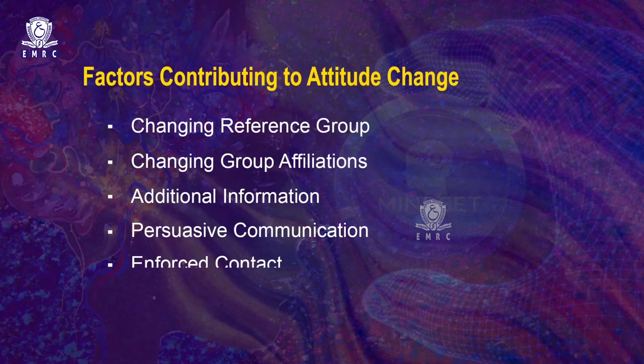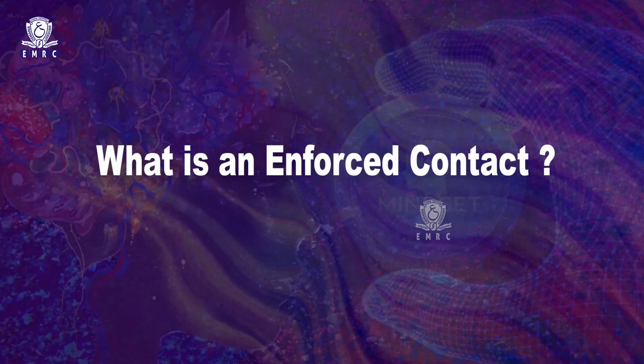The next point is the enforced contact. One important factor in attitude change now is this enforced contact. What is enforced contact? It means a social situation where two opposing parties are compelled to interact with each other.